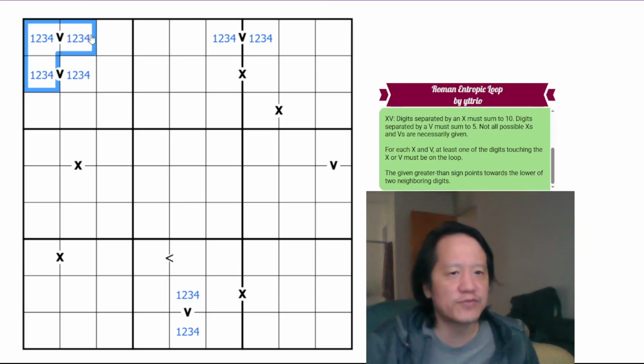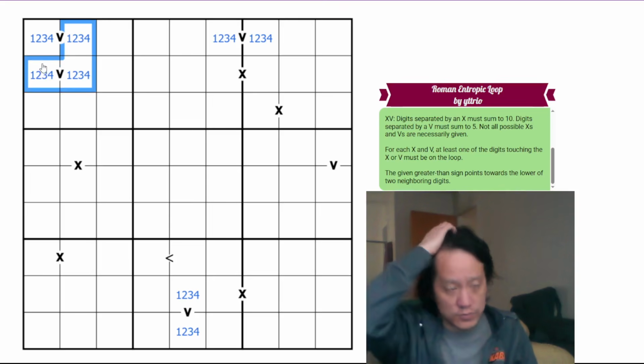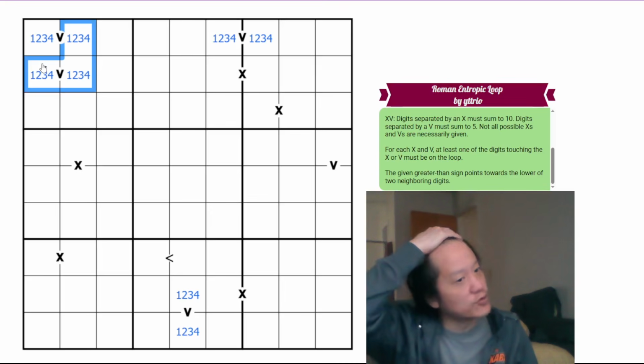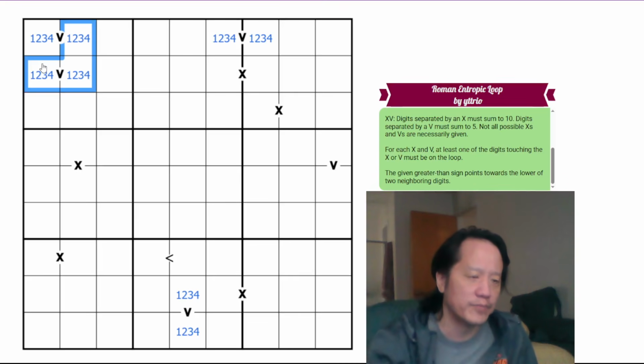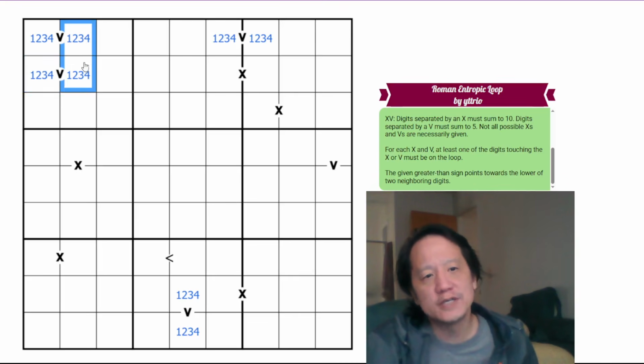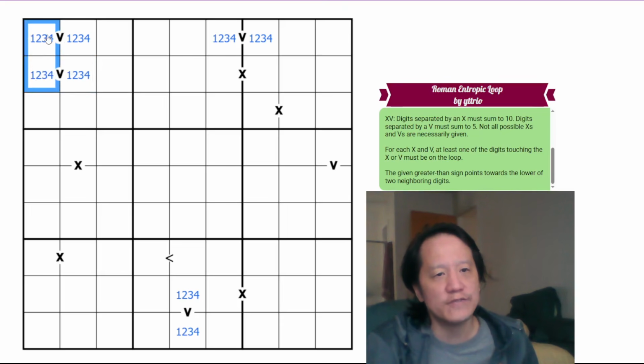But if you try to have 3 here or 3 here, the problem is that you would have 3 consecutive digits on the loop, and 2 of them would obviously have to be low, and then the 4th would be a medium. So that's not possible to be on this loop. So it can't have 3. You have to have 2, and if you had 2, it cannot be these 2. It has to be these 2.